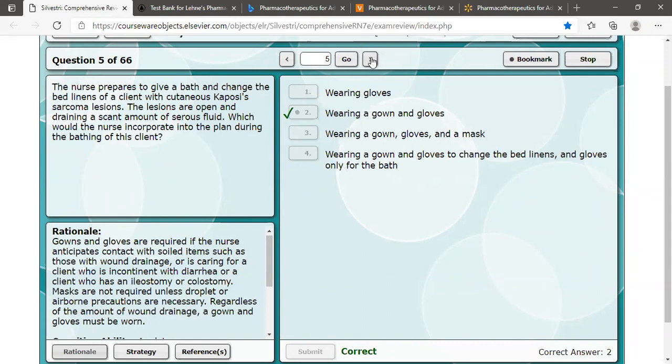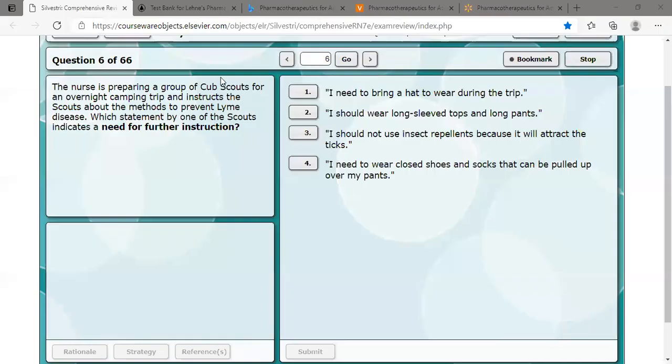What next? The nurse is preparing a group of the Scouts for an overnight camping trip, and also instructed the Scouts about the method to prevent Lyme disease. Which statement by one of the Scouts indicates a need for further instruction?